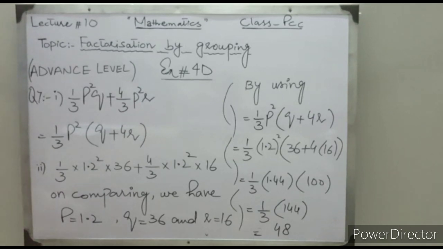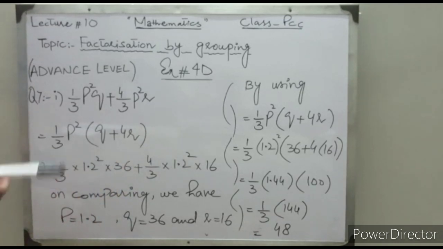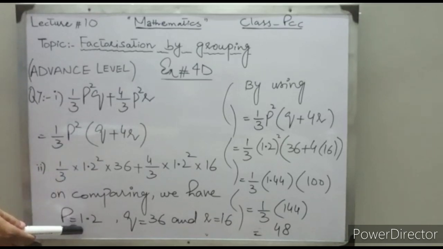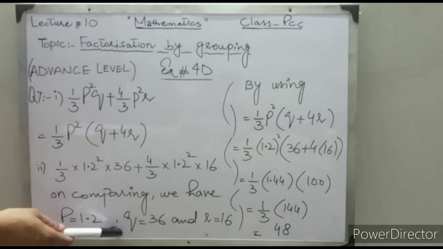In question number 7 part 2, it says to solve this expression by using or involving question number 7 part 1. On comparing, students, if we compare part 2 with part 1, we have the value of p as 1.2, the value of q as 36, and the value of r as 16.